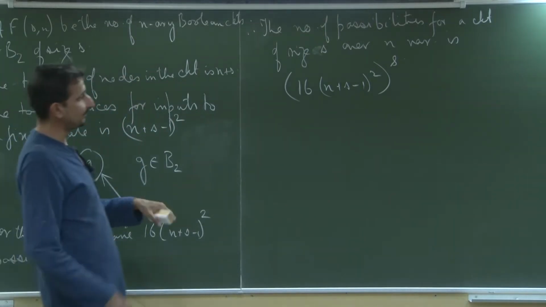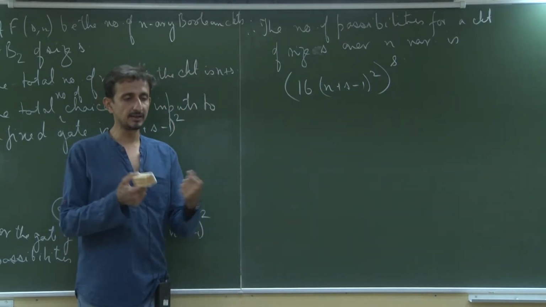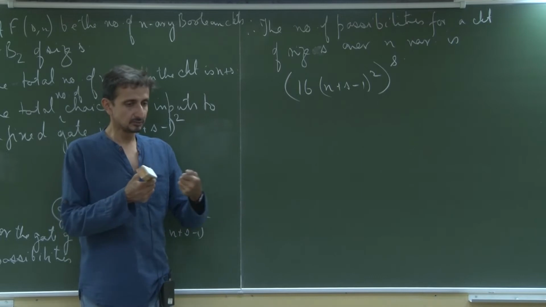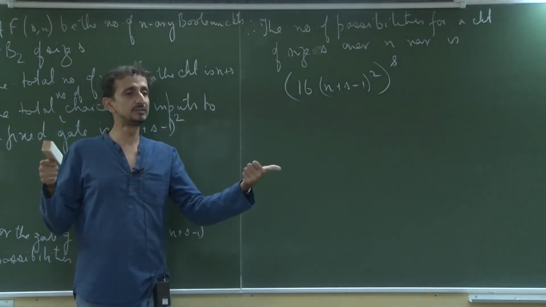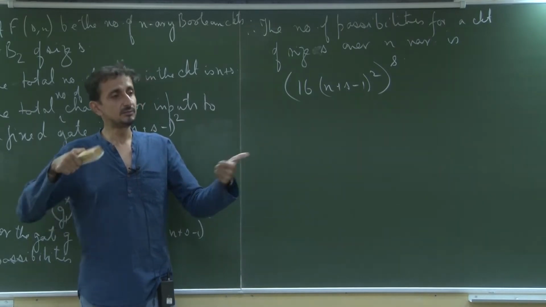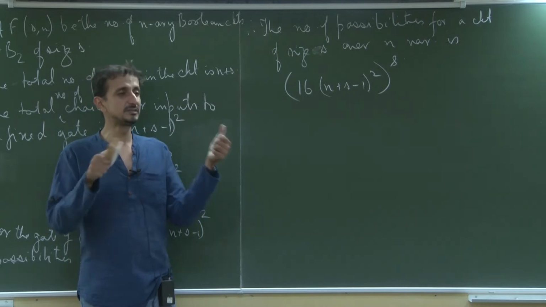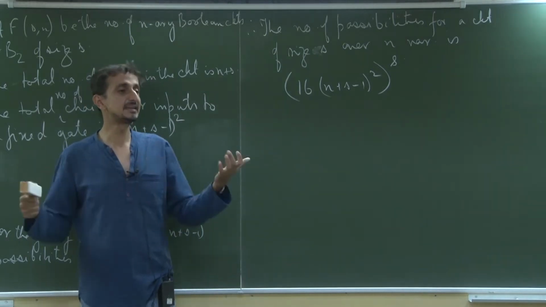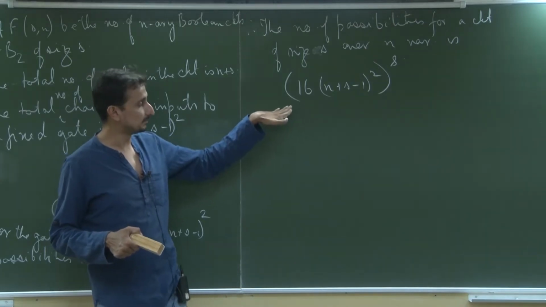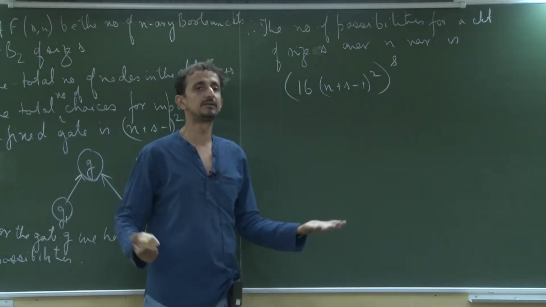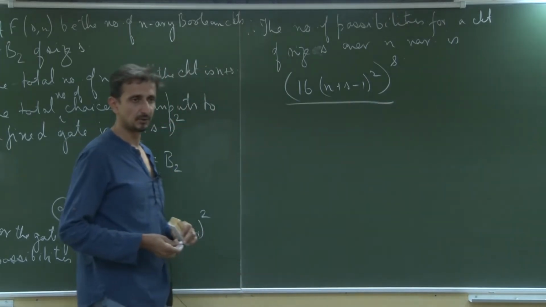Now, here we are actually doing a very gross overcounting. Suppose I have 3 gates G1, G2, G3. A circuit which has G1, G2, G3 and G2, G3, G1 are basically the same. So, I am looking at ordered tuples of gates over here, which is not required.